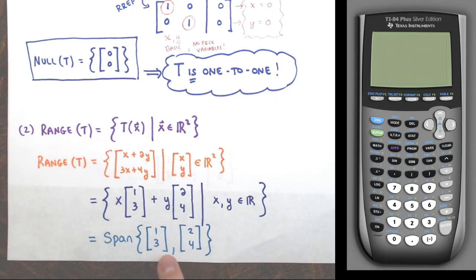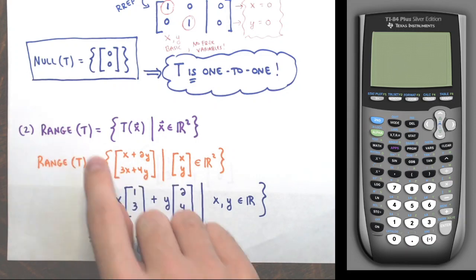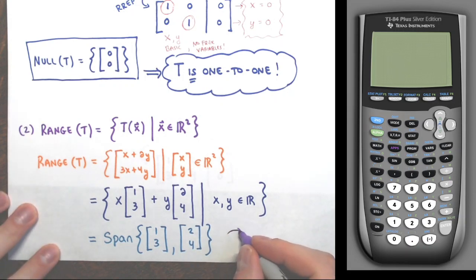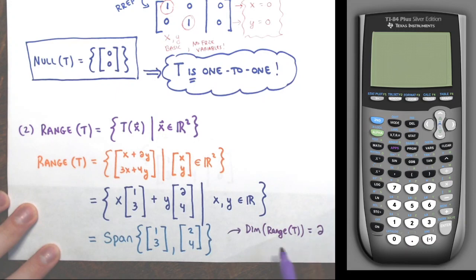So this set of vectors spans the range clearly, and the set of vectors is independent, so this forms a basis. So the dimension of the range is 2, because the set with the vector 1, 3 and the vector 2, 4 in it is a basis for the range.